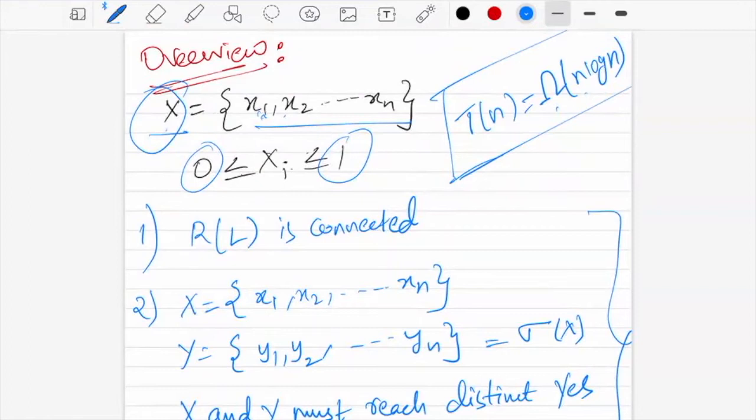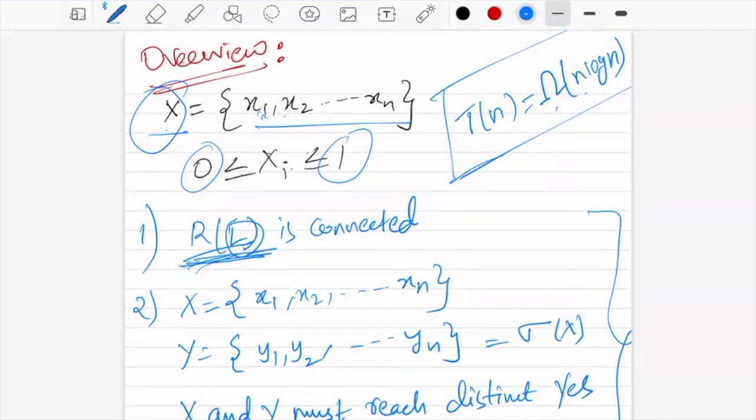R of L is the region for every leaf node L, reached during the execution of reaching the leaf node, and we have to prove that R of L is connected.